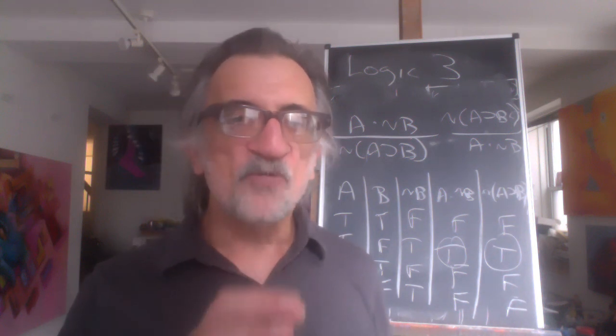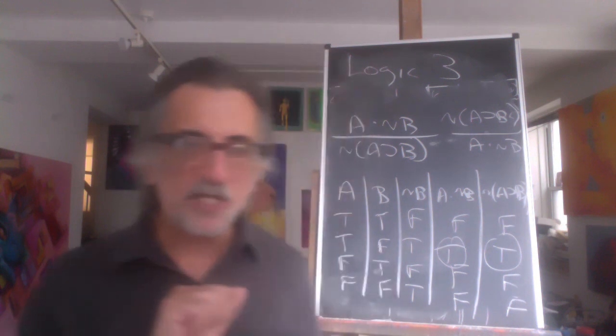I want to remind you of one last thing before we say goodbye to the truth tables, because this is really the last time we're using the truth tables. We might mention them, we might reflect on what they mean, but we're only going to be using the truth tables now, and then we'll say goodbye to them.